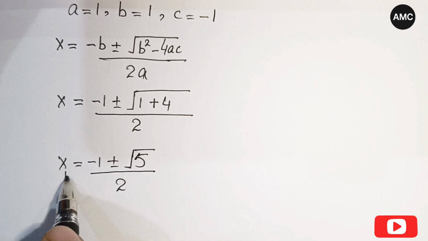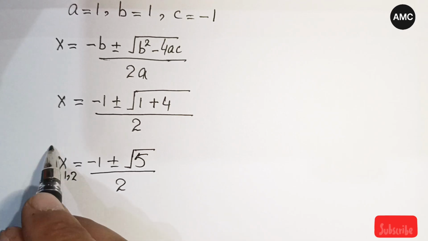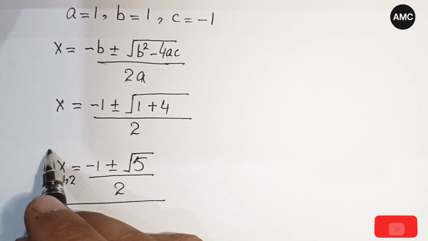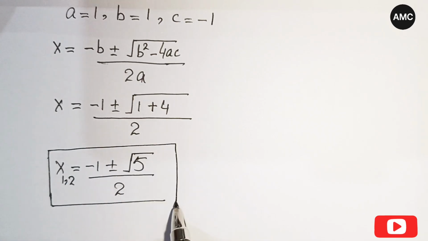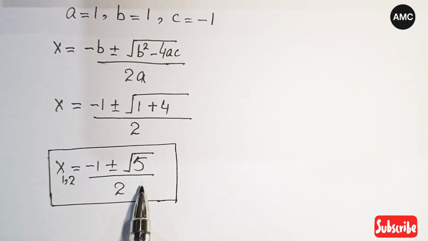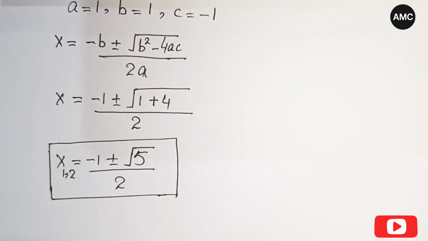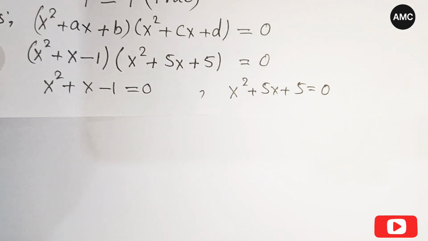So here we have two values of x, which are x1 and x2. Now we get our first two values of x, which are minus 1 plus minus square root of 5 over 2.